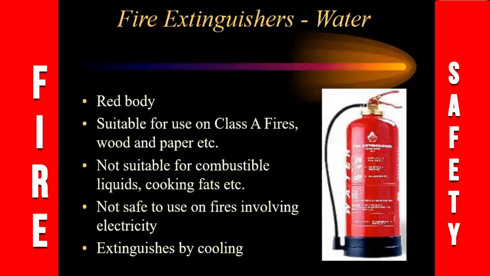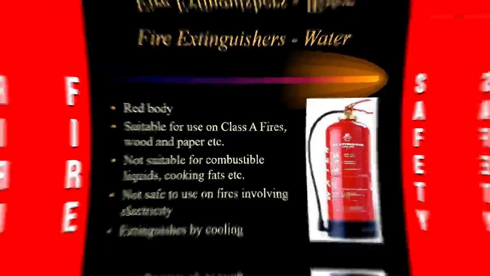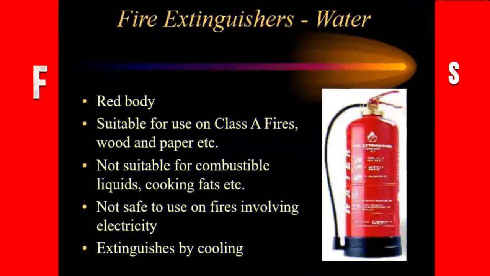Not suitable for combustible liquids, cooking fats, etc. Not safe to use on fire involving electricity. Remember, you can be electrocuted if you use water type fire extinguishers on live electrical components or lines.